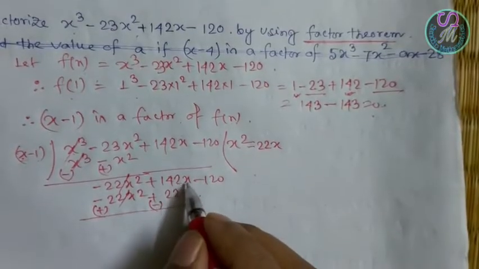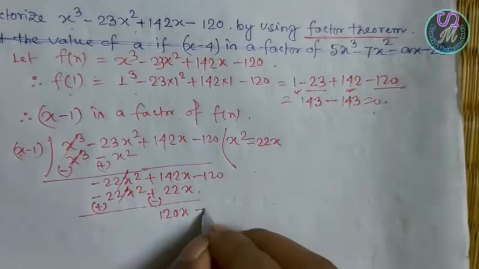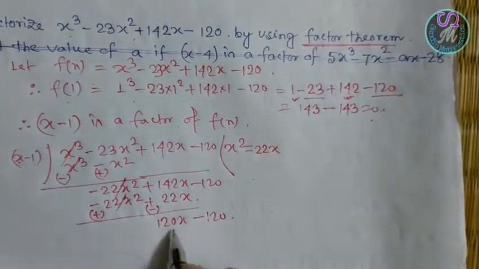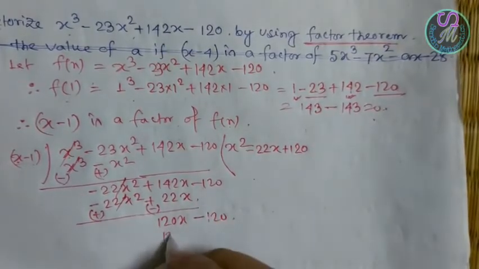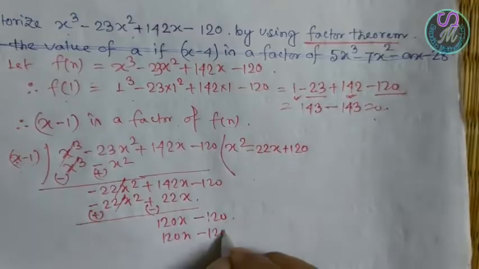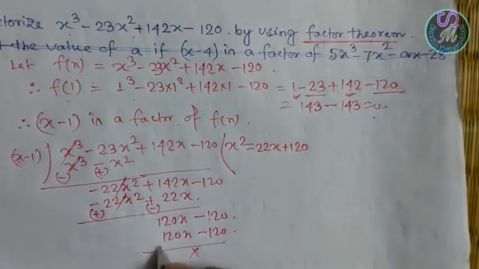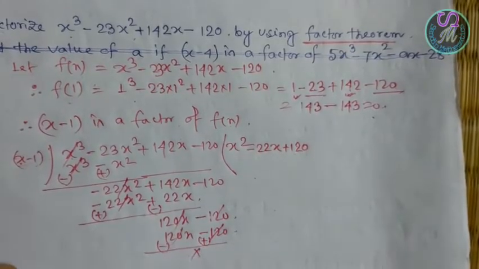This one is 142x minus 22x, so the value is 120x minus 120. Then obviously here x and here 120x, so multiply x by 120. So 120x minus 120. Minus and plus, so this is cancelled, and the remainder is 0.